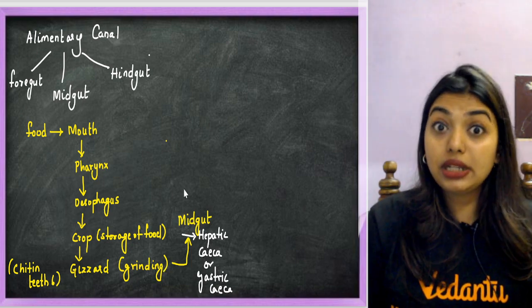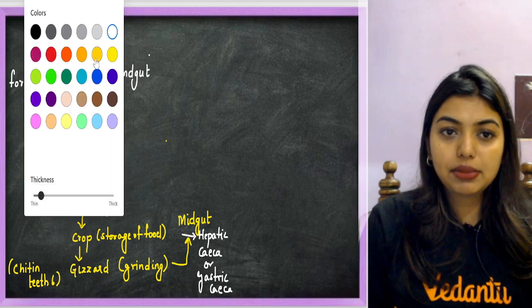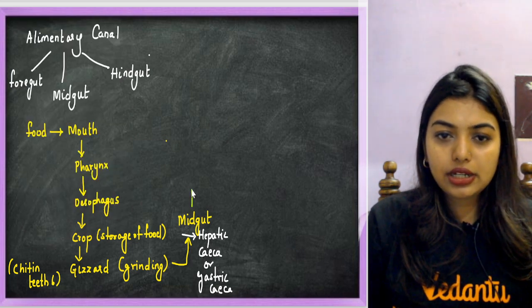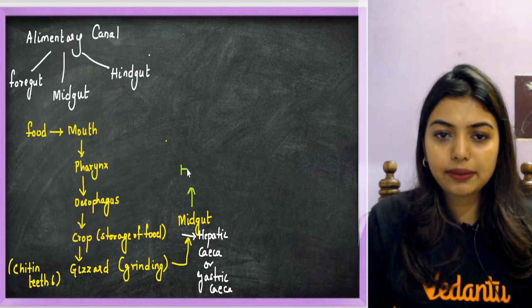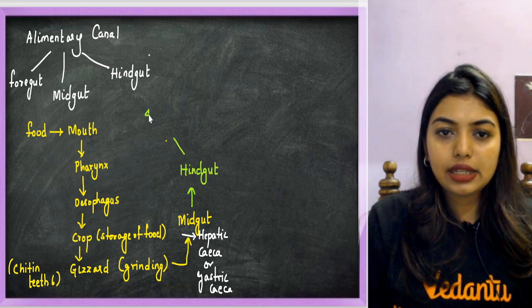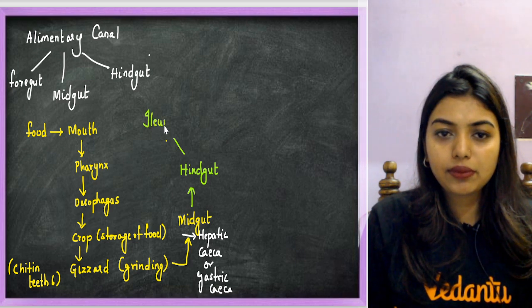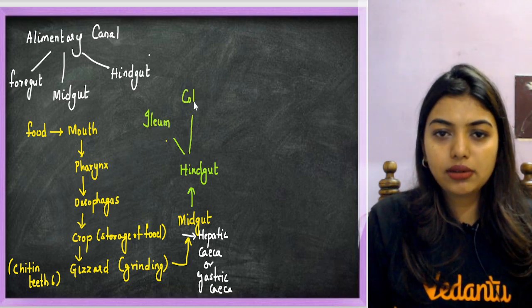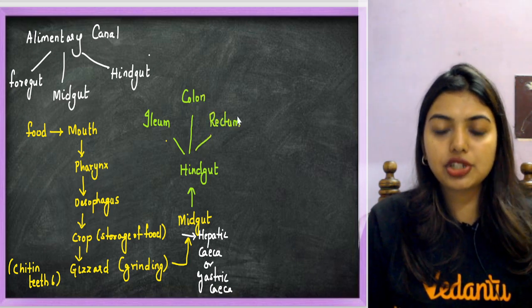So we reached up to the midgut. We can also call the midgut mesenteron. From the midgut, it is going to go into the hindgut. In the hindgut, what is there? Ileum, colon, and rectum, ICR. Don't get confused with our pelvic girdle, ileum, ischium, and pubis.